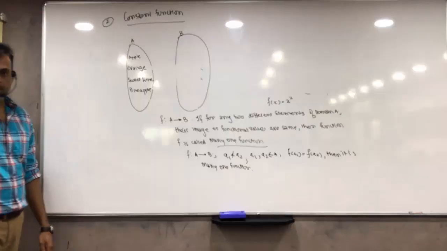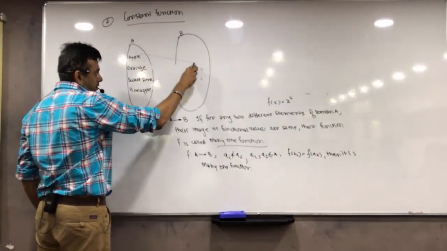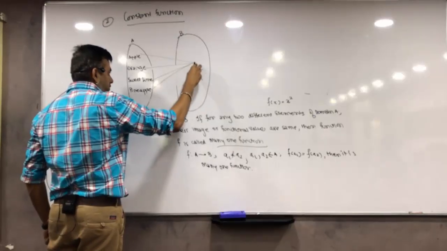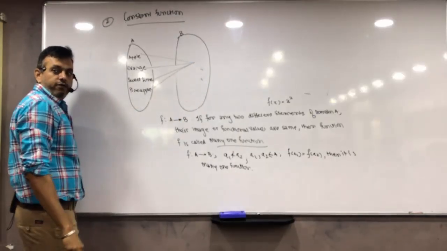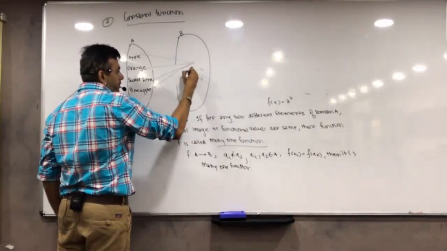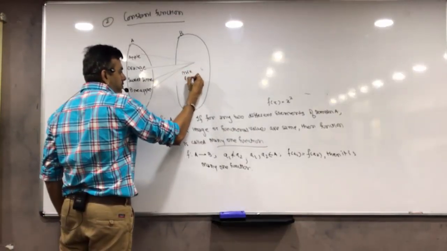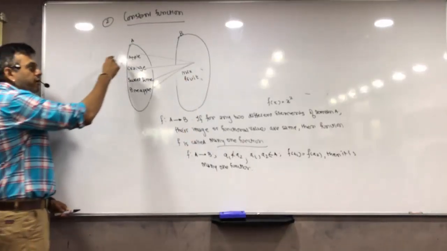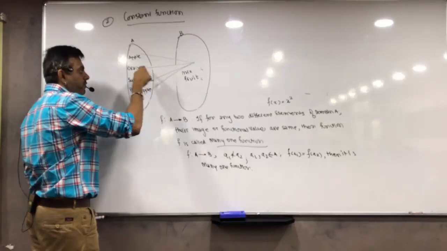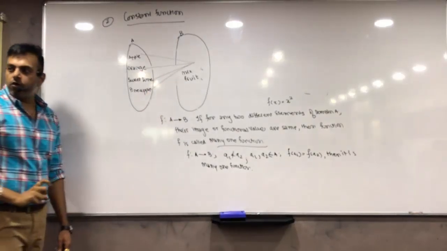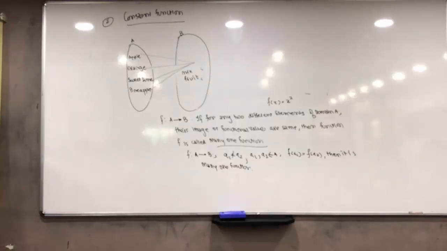In case of constant function, for all the inputs, there is only one output. We say mixed fruit. Understood this? So this input, output mixed fruit. This input, mixed fruit. This input. Got it, all of you? Okay.